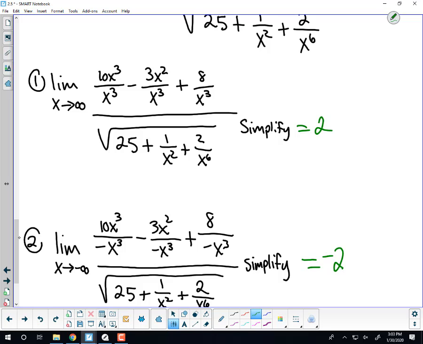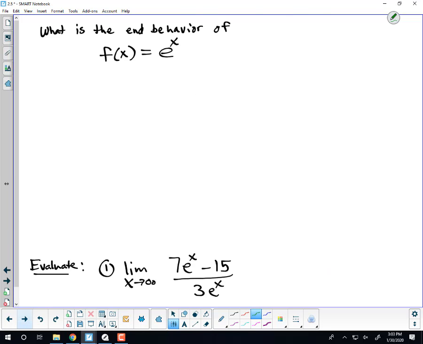A couple more things in here. We're going to look at the end behavior of our exponential function e to the x and logarithm. So what is the end behavior of e to the x? First of all, when we think about the ends, the functions that we've looked at, for the most part, the domain of those functions have been, we have been able to go out to positive and negative infinity, right?